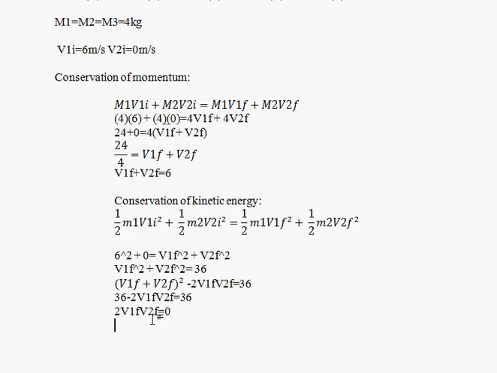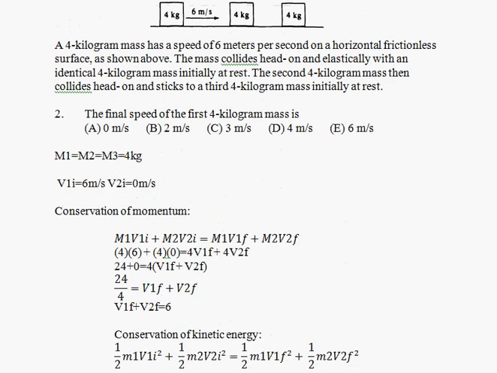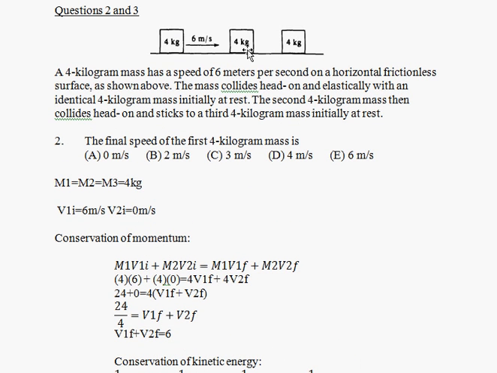However, here we have v1 final plus v2 final is 6. So one of them is 0 and one of them is 6. And it's easy to notice that v2 can't be 0. Because if v2 is 0, therefore v1 is not 0, it is moving. But v2 is in its way.